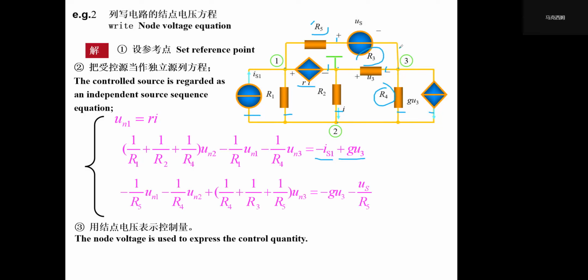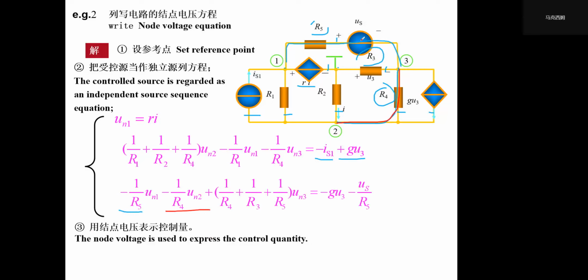Since this branch connects 1 and 3, we give it negative 1/R5, and this branch connects 2 and 3, so we give it a negative sign, 1/R4.